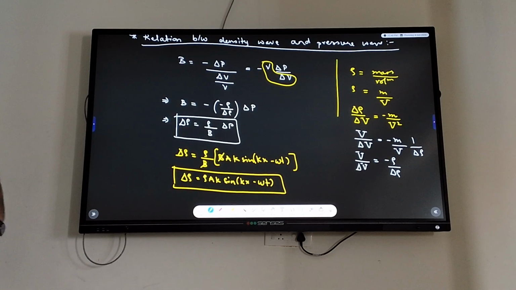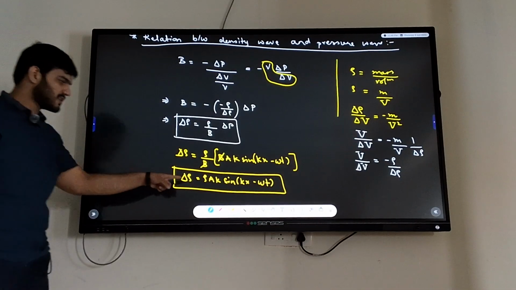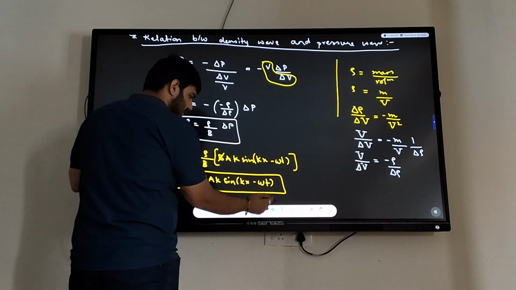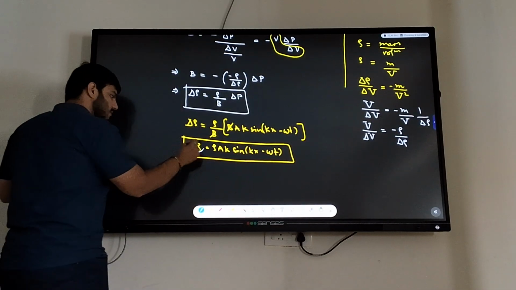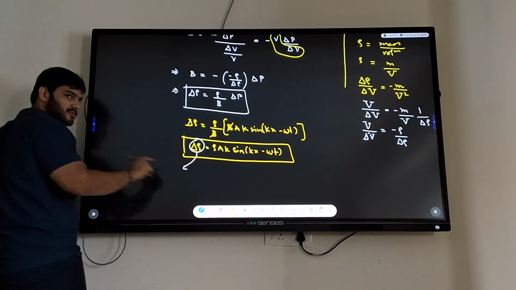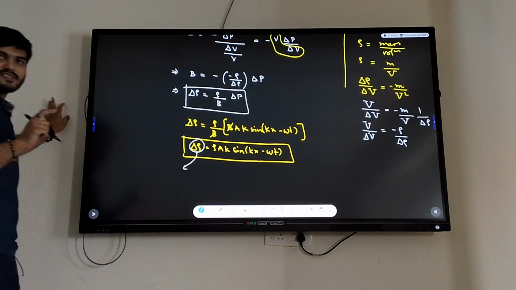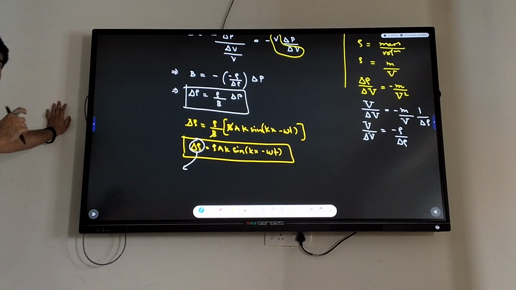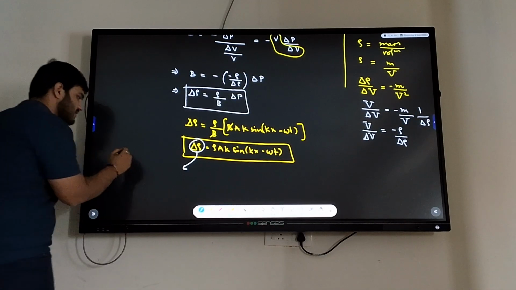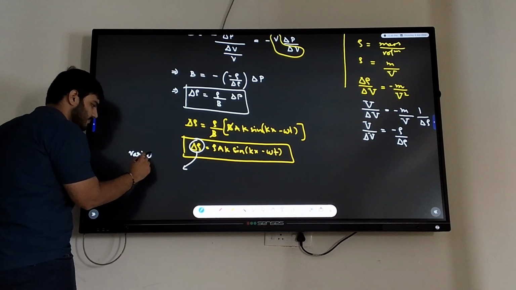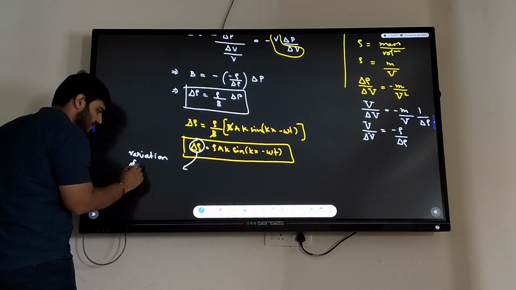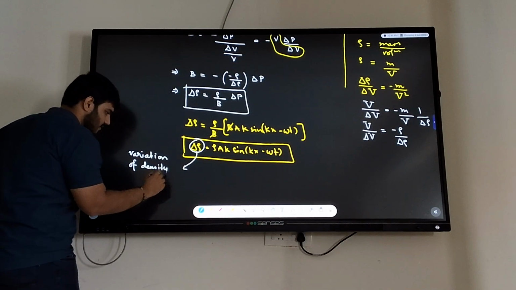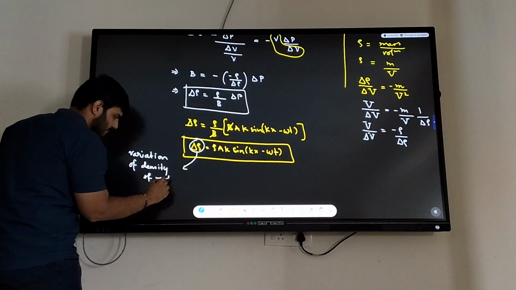What is the max value of this wave? So what is this delta rho, by the way? The variation in density of the medium. As the disturbance moves through the medium, the density keeps varying as a function of x and t. The variation of density of medium.